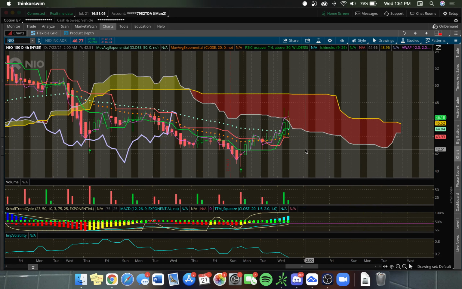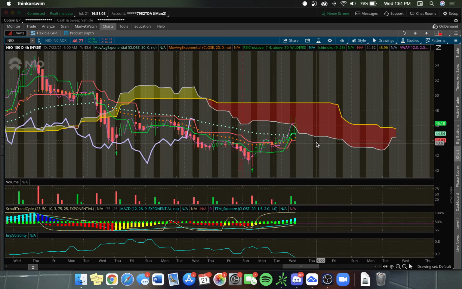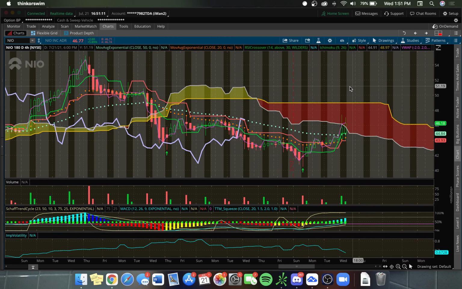I'll go to Neo since I don't really have any trend line set up, but it should be starting to look like this. Thinkorswim automatically does it for you. That's all you have to do, that's how you set it up.